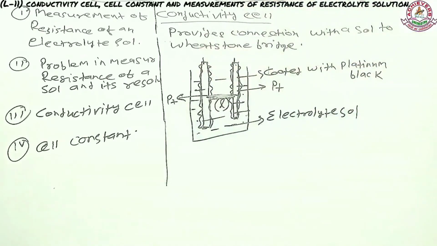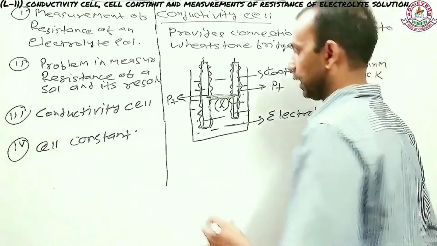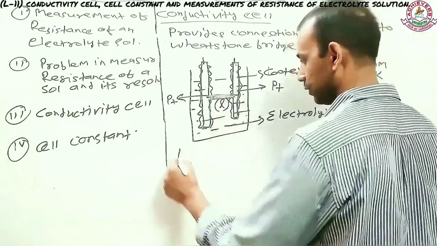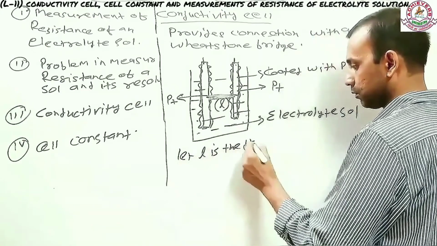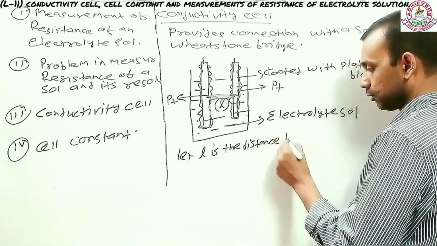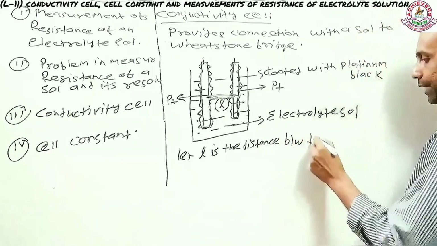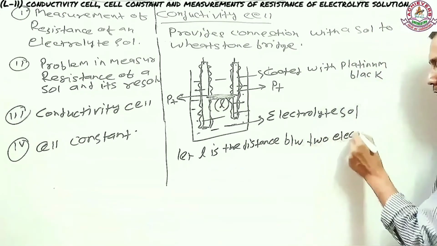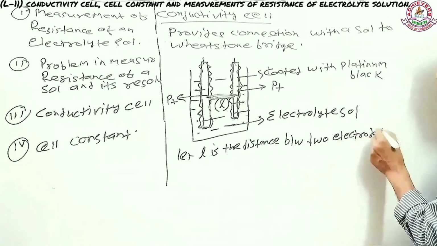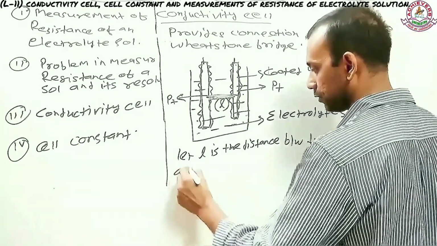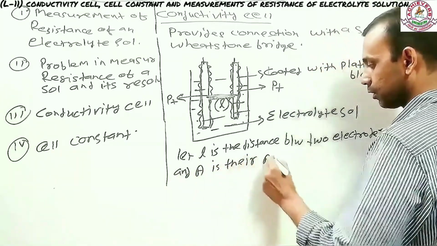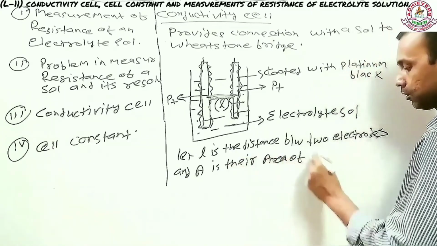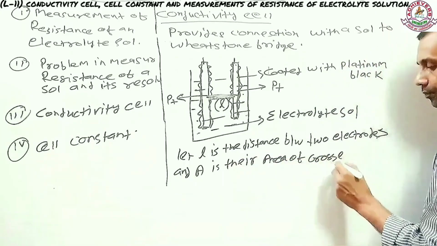Okay, sorry for that. So suppose L is the distance between two electrodes, and A is their area of cross section.